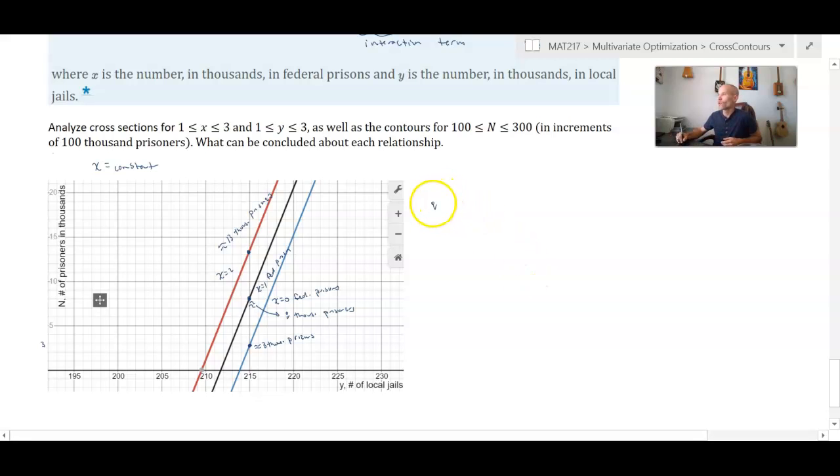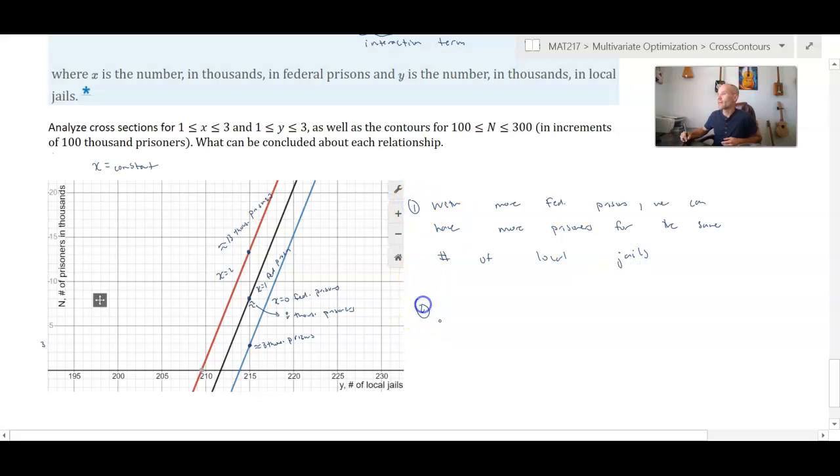So let's say that. With more federal prisons, we can have more prisoners for the same number of local jails.